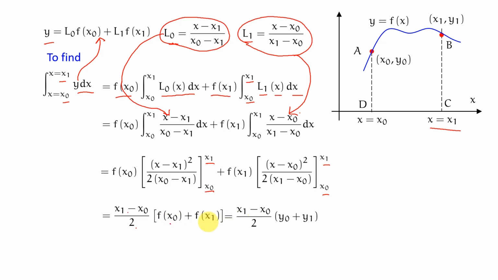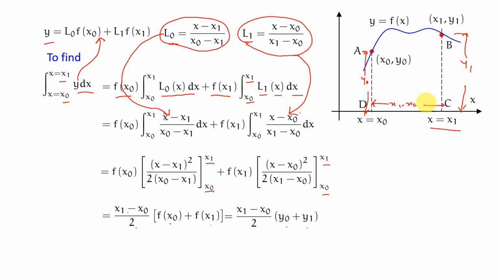Of course, this f(x0) and f(x1) are simply y0 and y1, and y0 and y1 you can see in this figure: y0 will be AD and y1 will be this BC. So when I have this (x1 minus x0) by 2, x1 minus x0 is this CD.